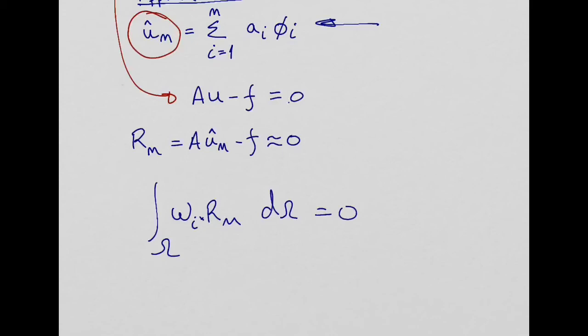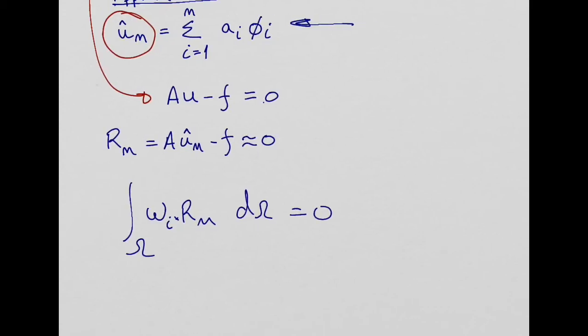Then you understand the full name of this method, weighted residuals. So weighted because I'm putting a weight in my residual and making sure that this residual is the minimum in the entire domain of my analysis.